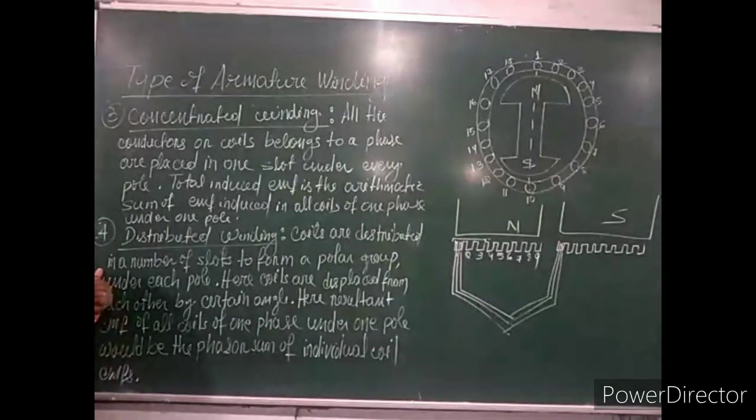Next, the fourth one: distributed winding. Here by name it is very clear that the coils belonging to each phase under each pole are distributed. In concentrated winding, all the coils are concentrated or bunched in a single slot, but here instead of being bunched, they are distributed into separate slots under each pole under each phase.